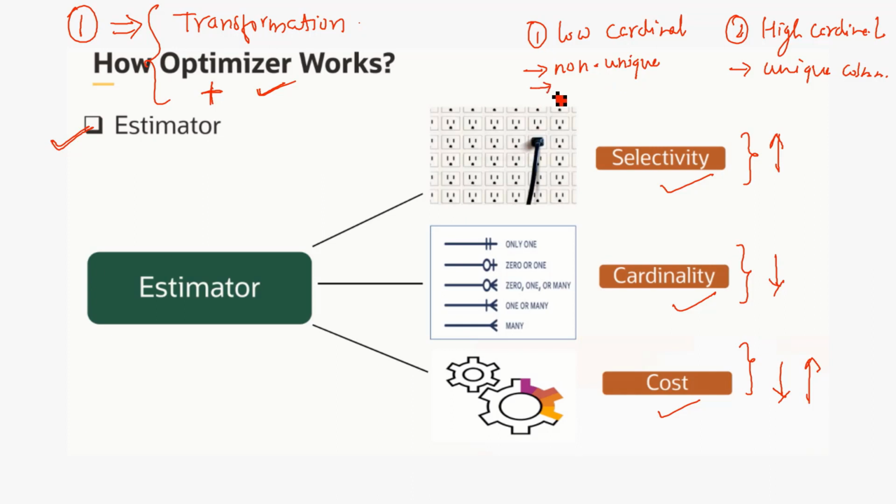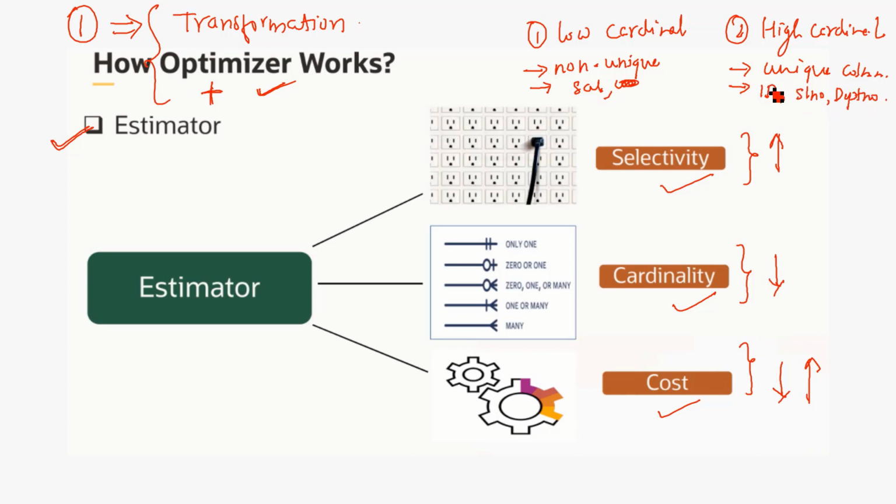Non-unique columns means it might be salary, it might be country or something. In a unique column it can be ID, serial number, or department number. So there can be multiple things.